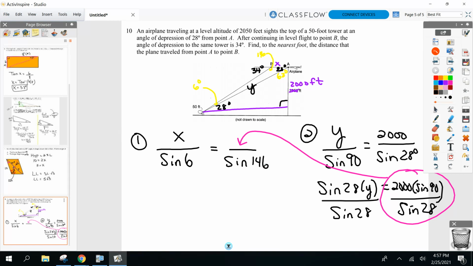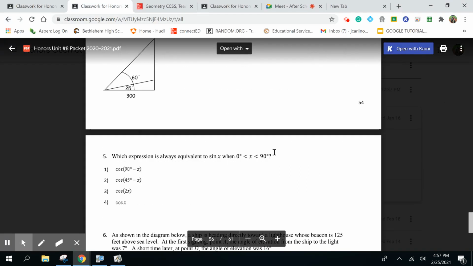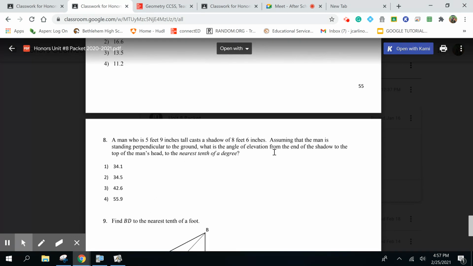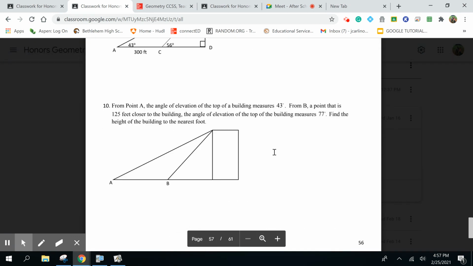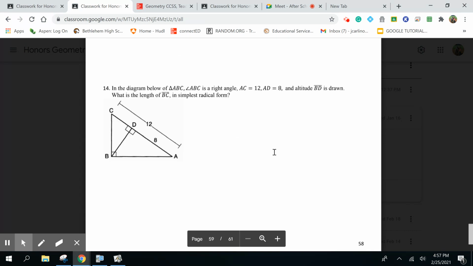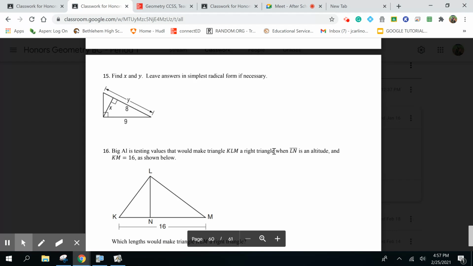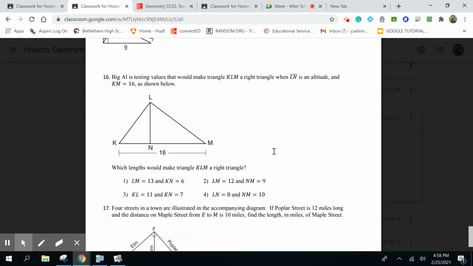Let's keep rolling. What else? Can you do a Hills and Sass word problem? Sure. I think I got to go to your packet for that one towards the end. I know I put some Hills and Sass on there. Oh, there you go.